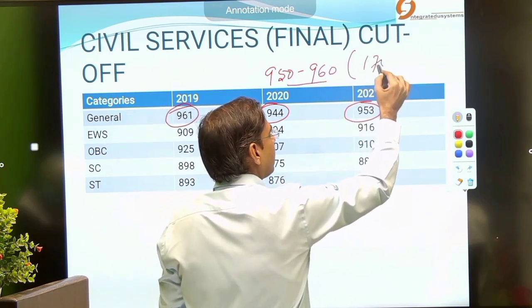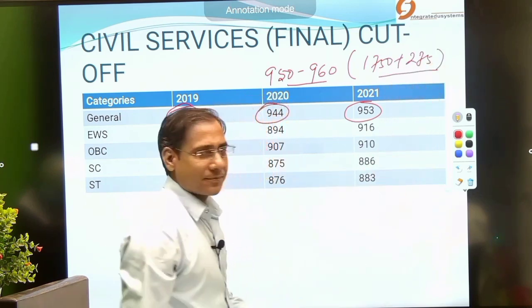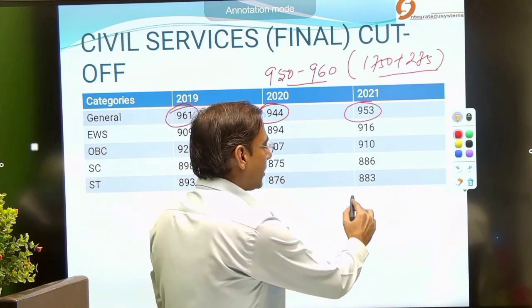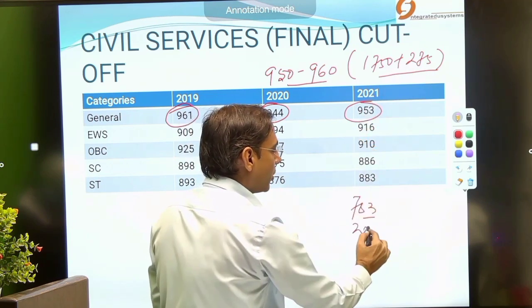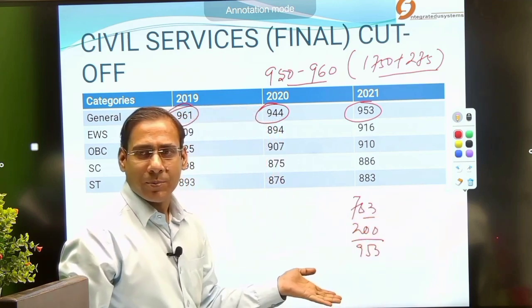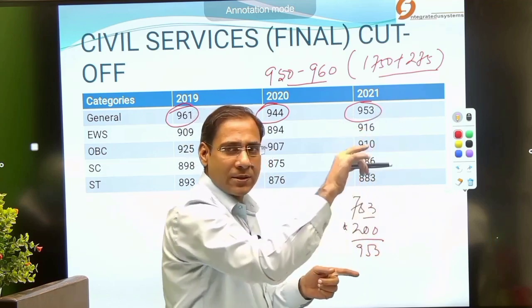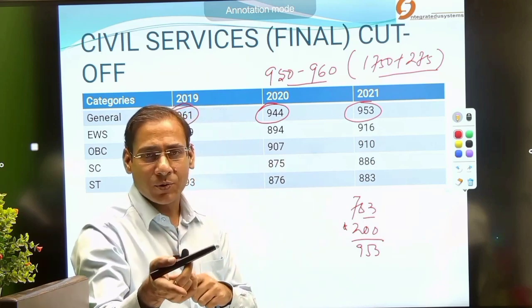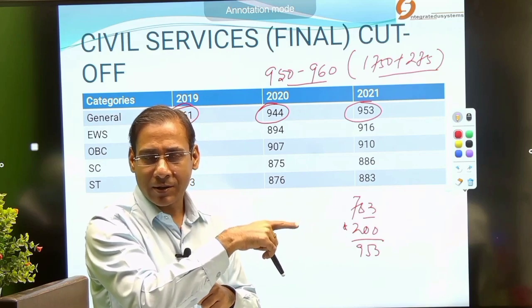So 750 plus 275, which is almost 953 around the cutoff for the mains plus 200. What I have said is, if your score in the mains is 100 plus to the cutoff, and if you score average marks in the interview, you are definitely in the selected candidate list.